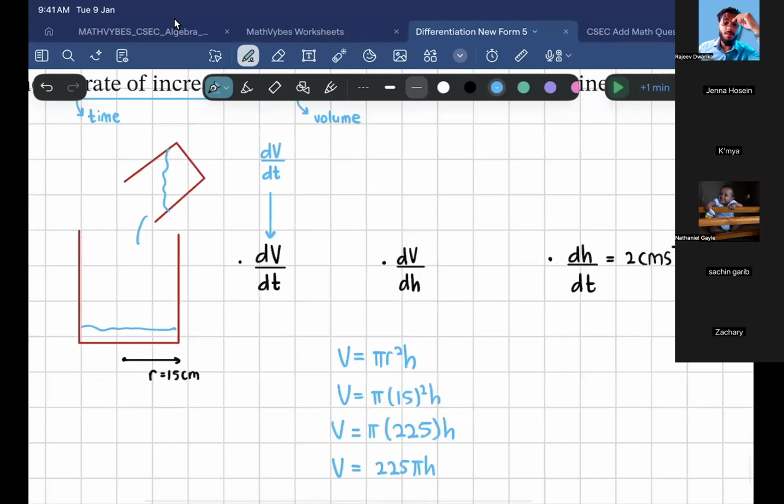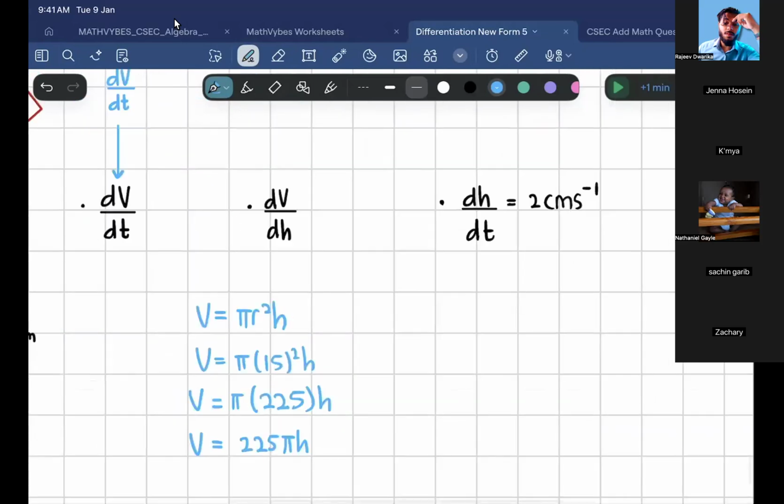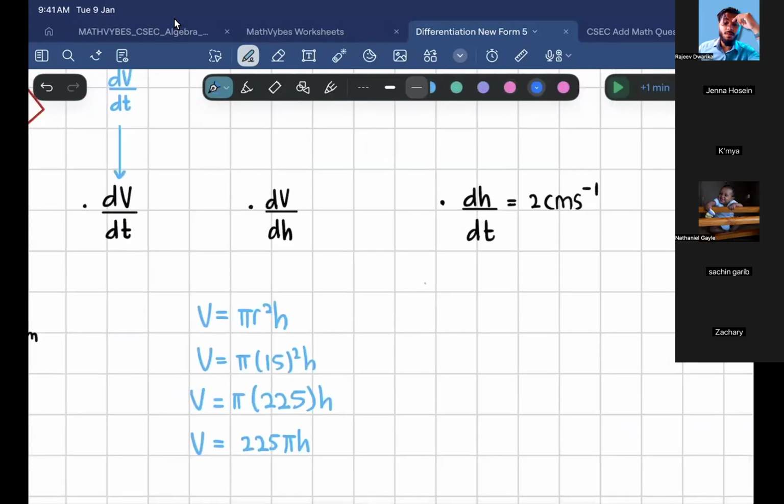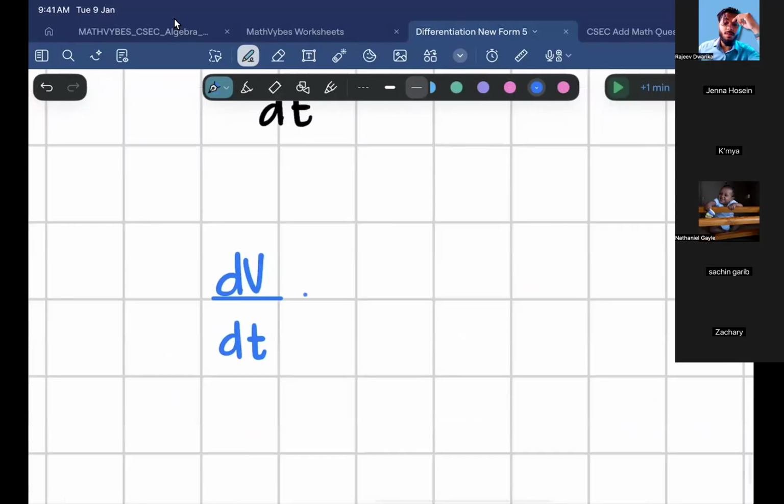Let me show you how easy that is. Stay with me, guys. We want to find dV/dt. Now, if I want to find dV/dt, and I know it's going to be a product, what's going to go on top here for sure?